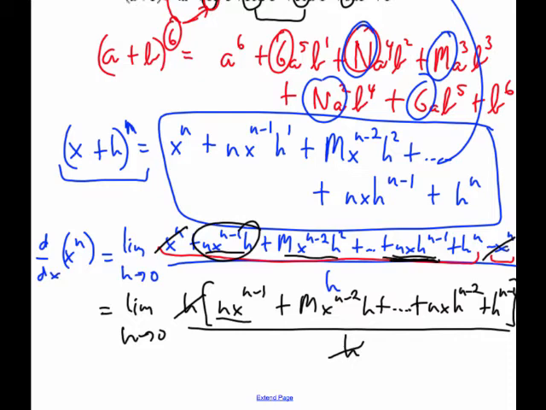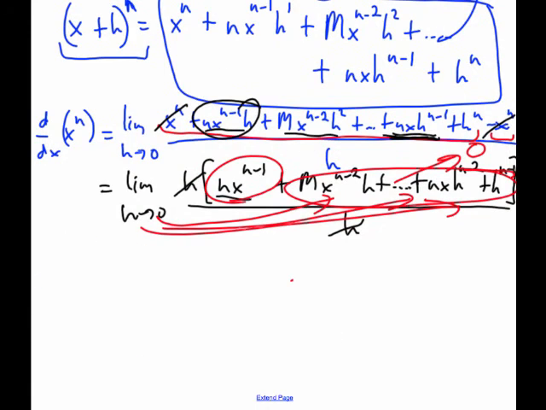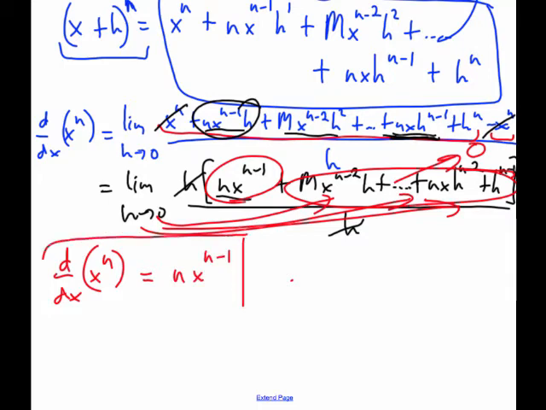As h approaches 0, all of these terms over here, these are all going to go to 0 except this particular one. And so I've got the derivative of my power being nx to the n minus 1. I've got a nice formula for doing the derivative of a power.